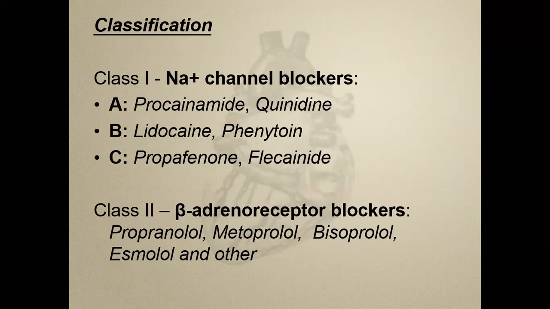First, group A prolongs the action potential, B leads to shortening of the action potential, and C has no effect on the action potential. 1A includes procainamide and quinidine, 1B lidocaine and phenytoin, and 1C propafenone and flecainide.